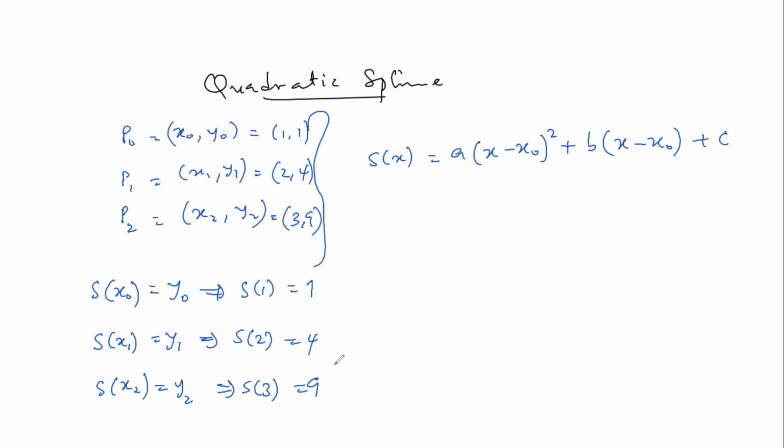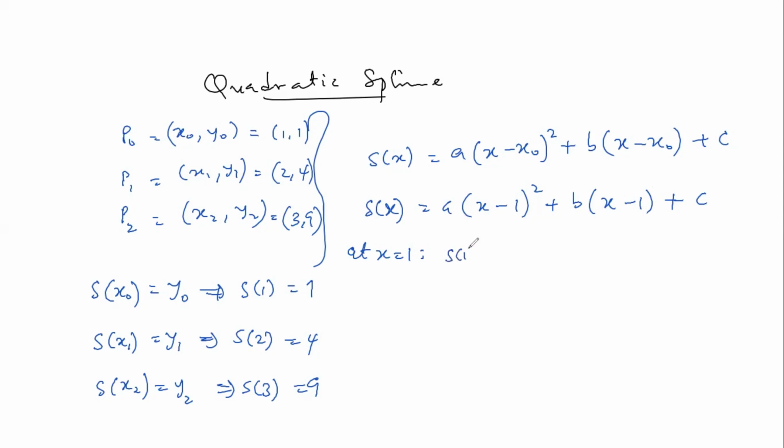Once we are able to establish this, we can reformulate the quadratic spline. In this case, S of x will be A times (x minus 1) squared plus B times (x minus 1) plus C. Now at x equal to 1, what do we get?